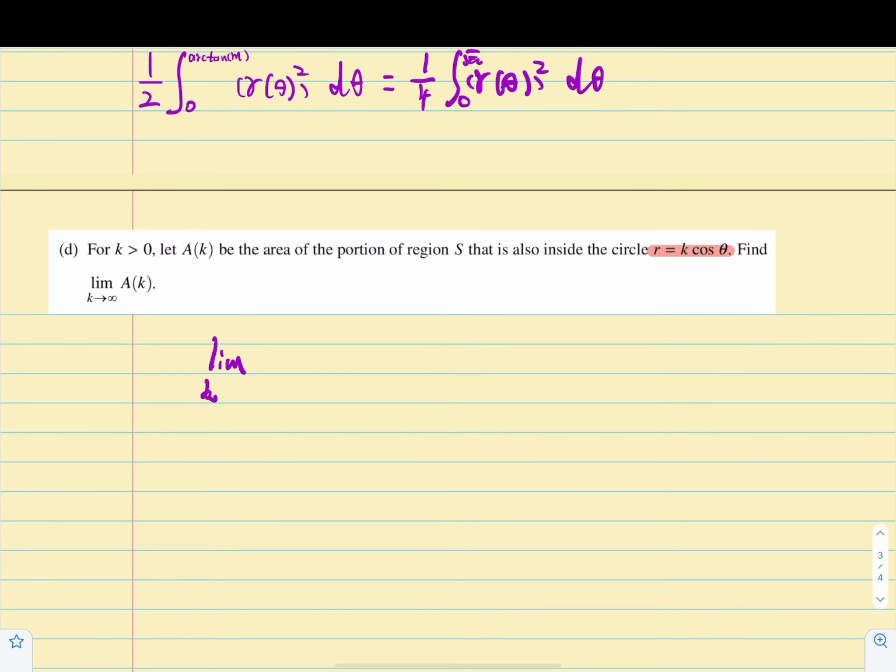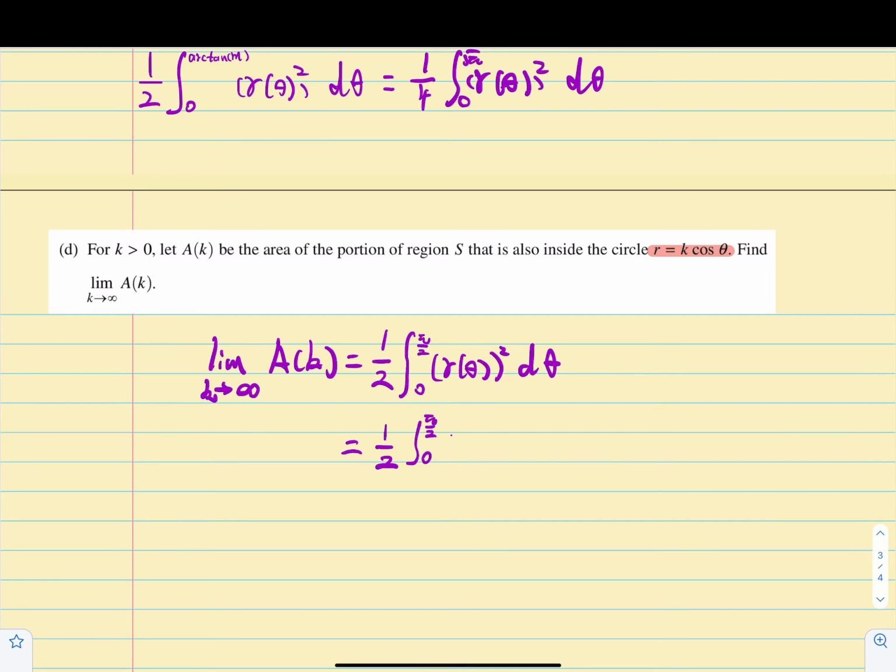The limit as k approaches infinity of AK will equal 1/2 the integral from 0 to half of pi of r of theta squared d theta, and this is also equal to 1/2 of the integral from 0 to half of pi.